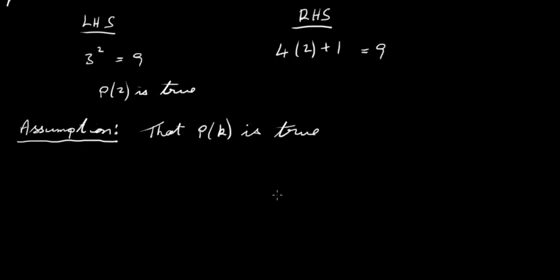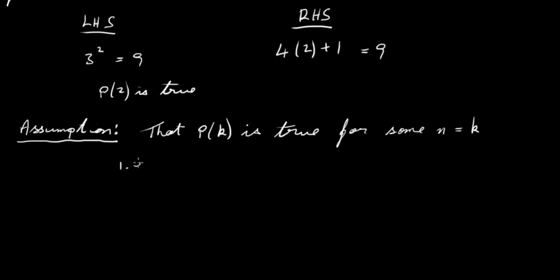So we're going to assume that Pk is true, for some value n is equal to k. Don't know what k is, but we're going to assume that it is true for n is equal to k.